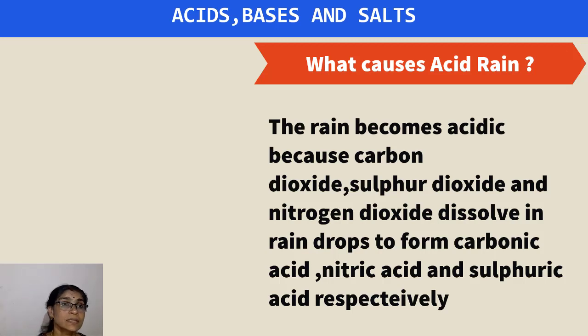Acid rain causes damage to buildings, monuments, plants, animals and humans. Some of you heard about the Taj Mahal? Yes. It is situated at Agra near the Yamuna River.